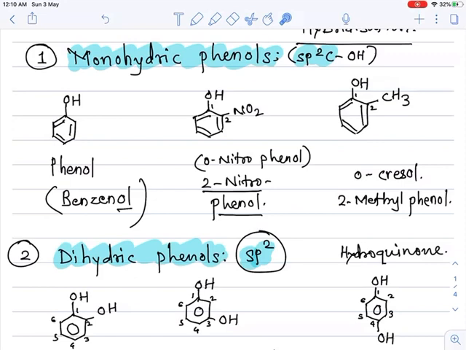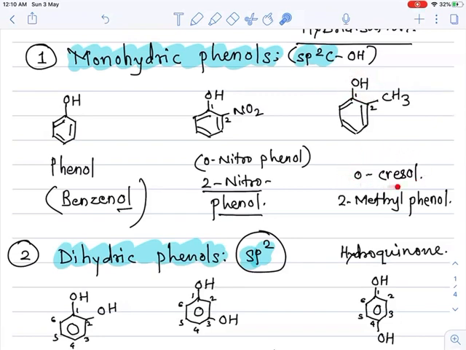If we take another example, at carbon number 1 an OH is there, at carbon 2 an NO2 group is there. The first and second positions are represented by the ortho position. So its common name is orthonitrophenol, and its IUPAC name, with nitro at position 2, is 2-nitrophenol. In the next example, at position 2 a methyl group is present and 1 OH group is there.